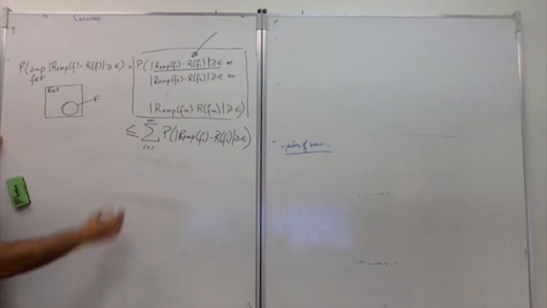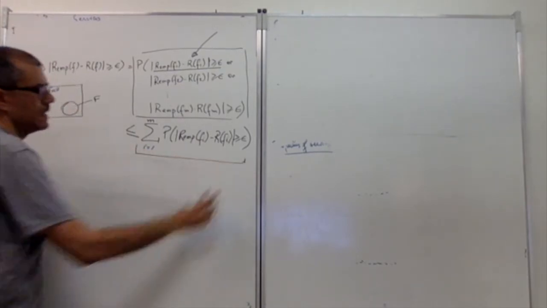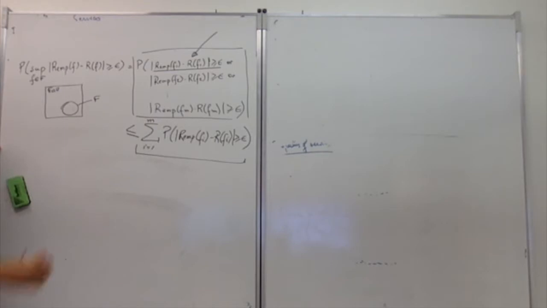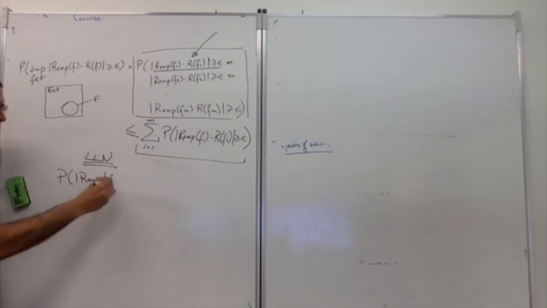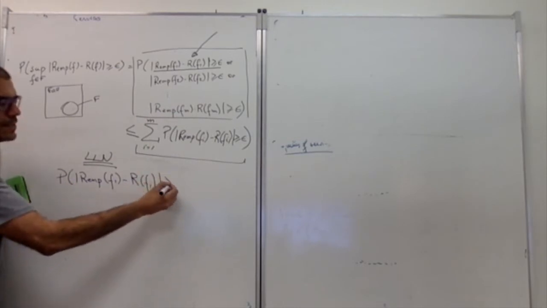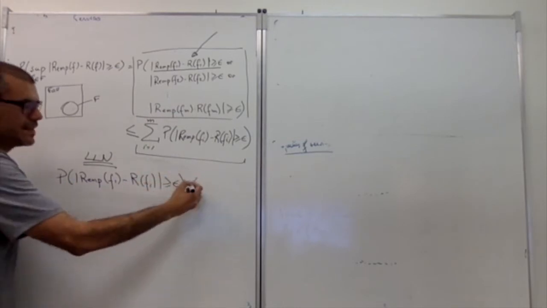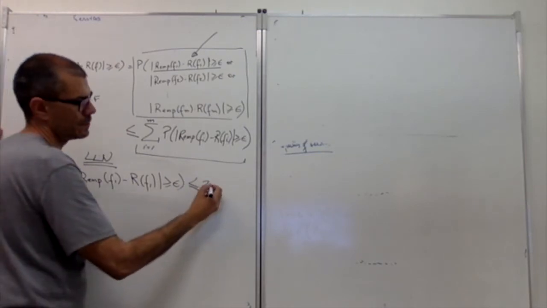From that, we have a term that allows us now to use the law of large numbers, because the law of large numbers is just in terms of the probabilities of single functions. So if I have the probability of the empirical risk and expected risk, given a specific function, differing by greater than or equal to some epsilon, this is going to hold.